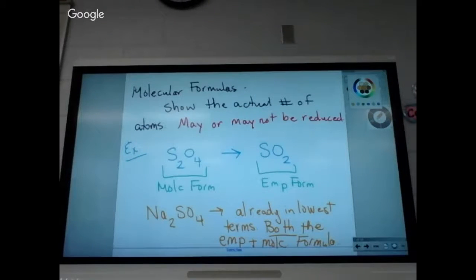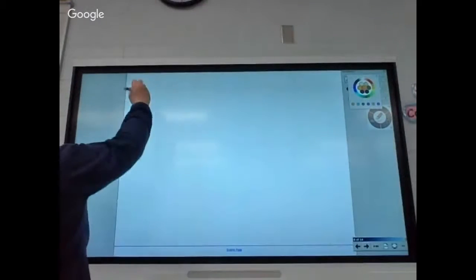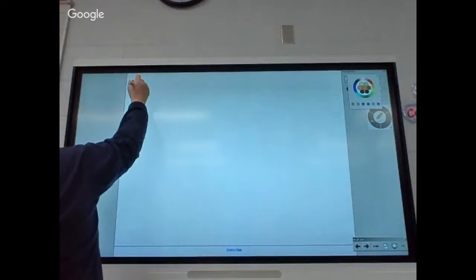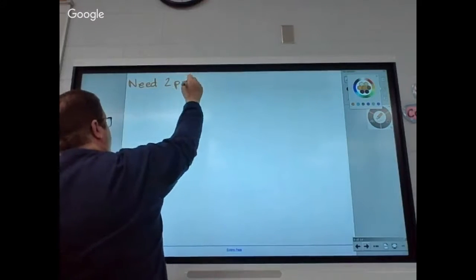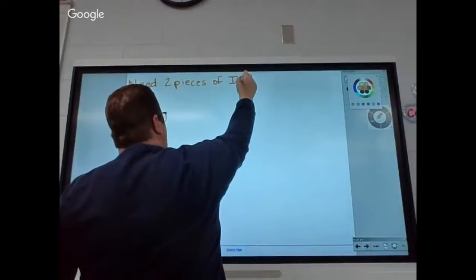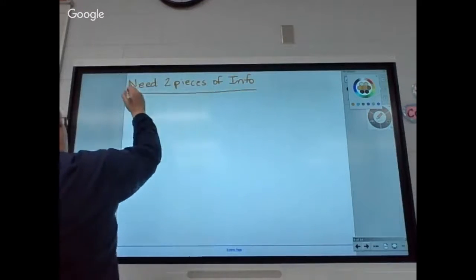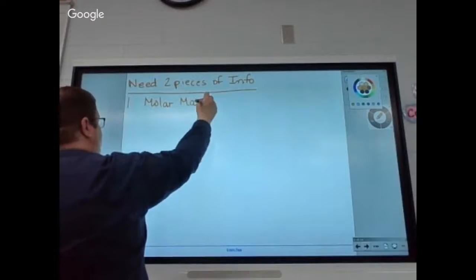So, how are we going to find these? Well, we need two pieces of information. Number one, we have to have the molar mass.